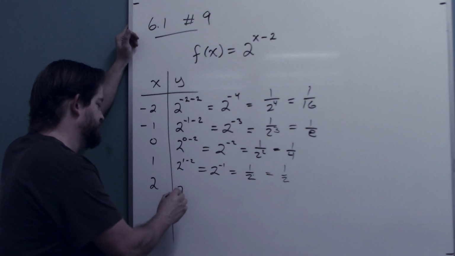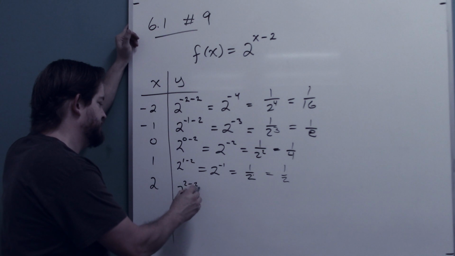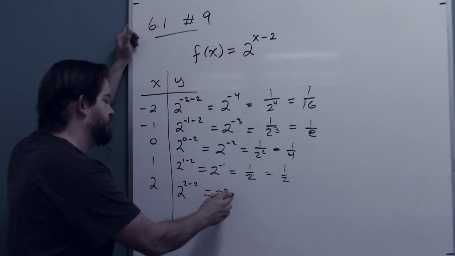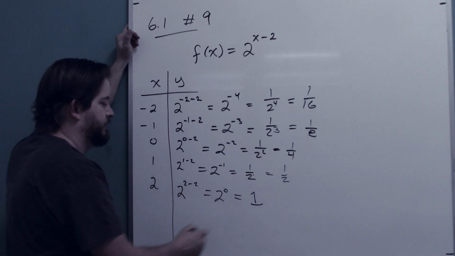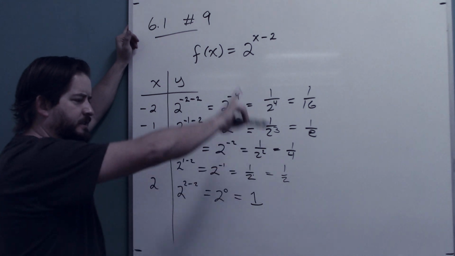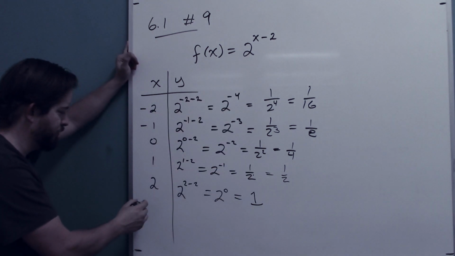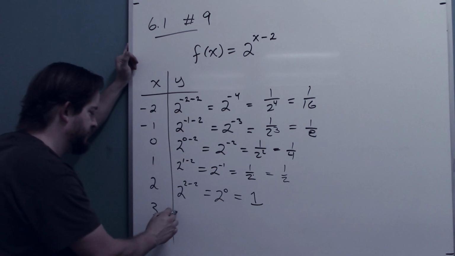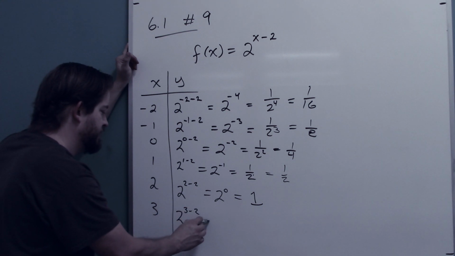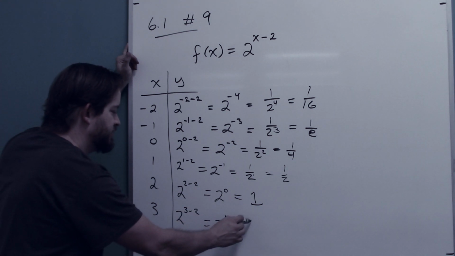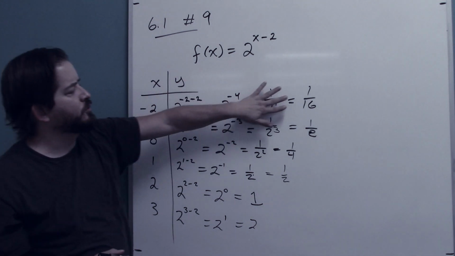If x is 2, I get 2 to the 2 minus 2, which is 2 to the 0, which is 1. Right? And this is where I start to see that exponential explosion, so I'm going to do a few more. If x is 3, then I have 2 to the 3 minus 2, which is 2 to the 1, which is 2.